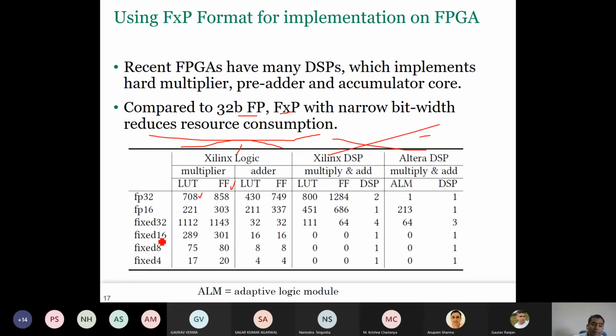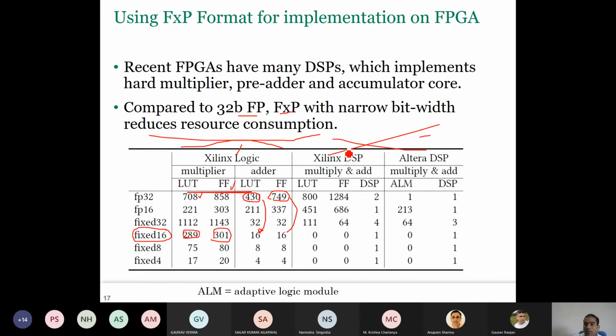But if you implement just fixed point 16-bit multiplication, we only need 289 LUTs and 301 flip-flops. Especially if you go to adder, here we need 430 LUTs and almost 750 flip-flops. But that requirement reduces to just 16 LUTs and 16 flip-flops if we are working with fixed 16. So that's a really, really huge advantage.